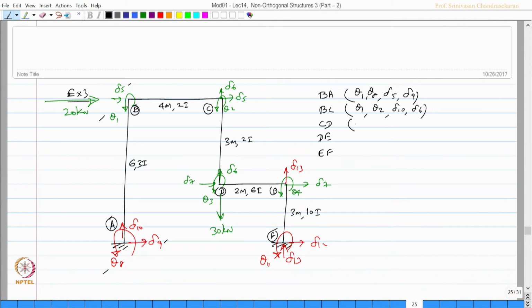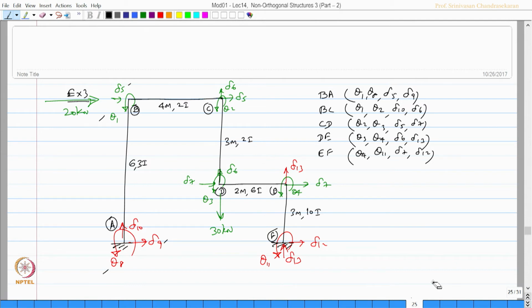Similarly, CD 2, 3, 5 and 7. Similarly, DE 3, 4, 6 and 13. EF 4, 11, 7 and 12. That is how we got.